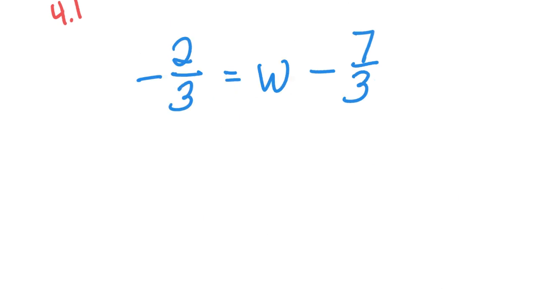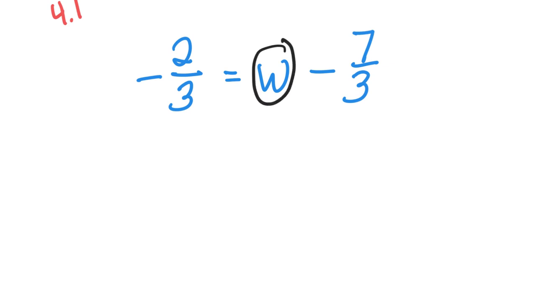All right, one more for 4.1. So we have negative 2/3 equals W minus 7/3. So I want to get W. I got to figure out what W is. So when W minus 7/3, it's going to get me to a negative 2/3. So it's equal. I want it to be equal. So the first thing I do is I circle my W. What's happening to the W?